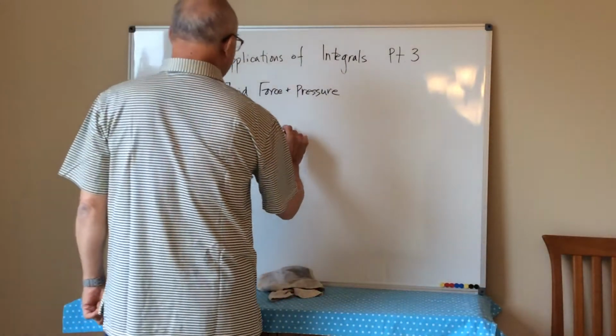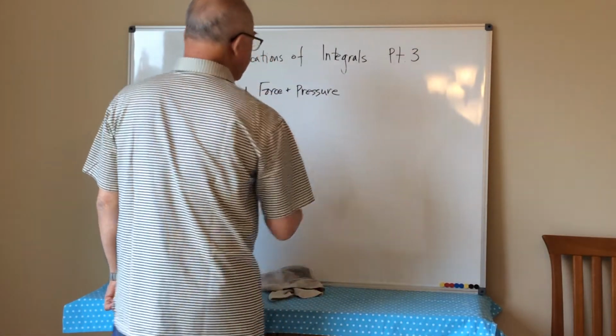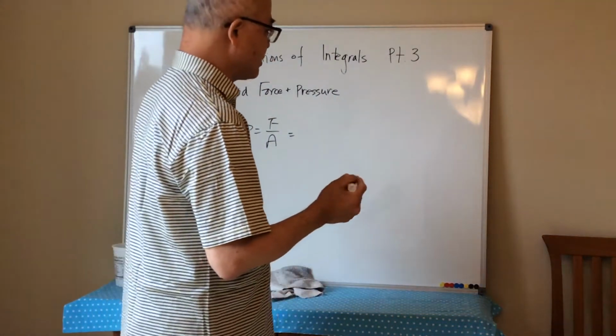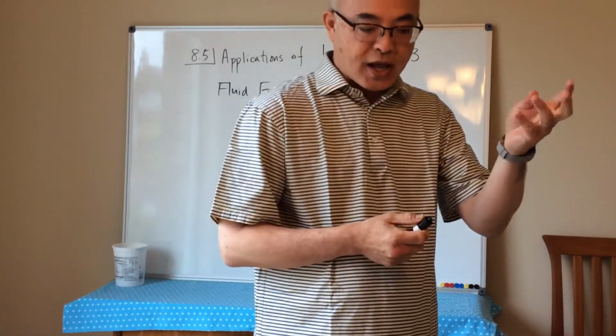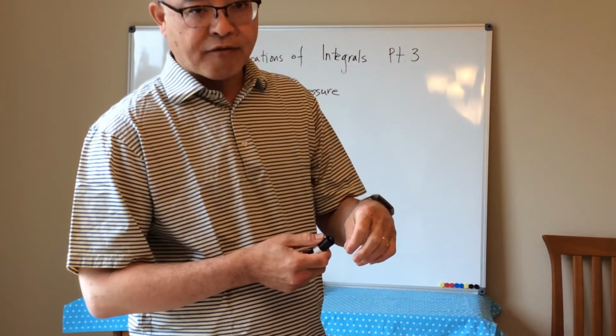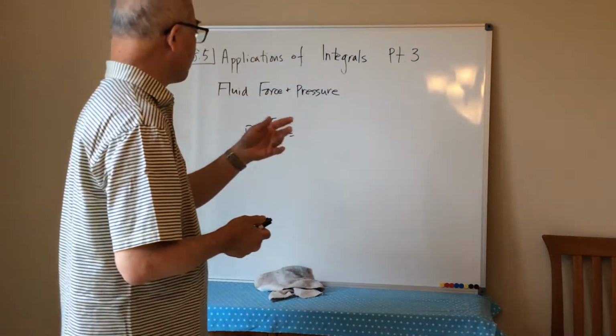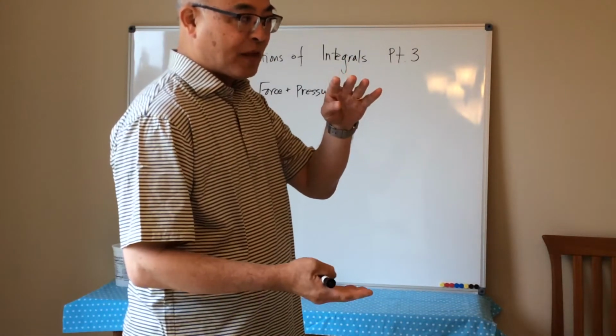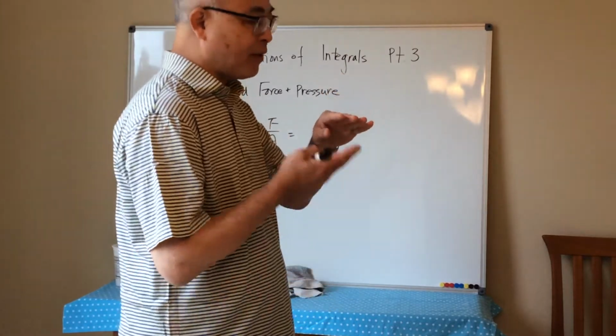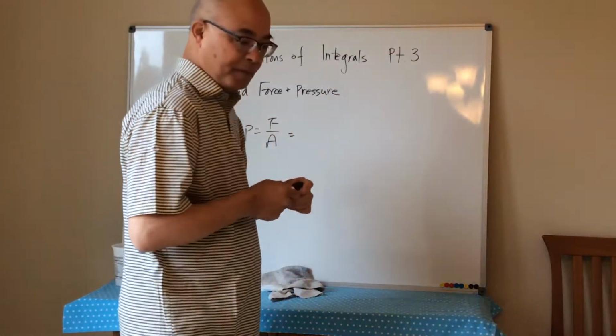The force that goes in, a fluid force, in other words, if I'm in the ocean and I go deeper and deeper, I'm going to have more pressure, right? So the pressure obviously is going to have something to do with the height, how deep we go, right?